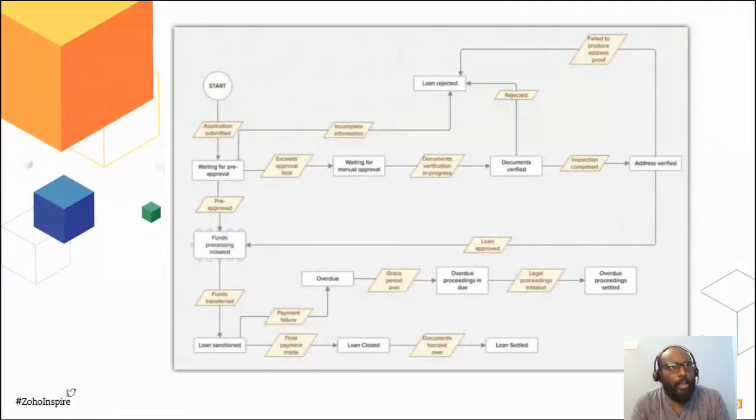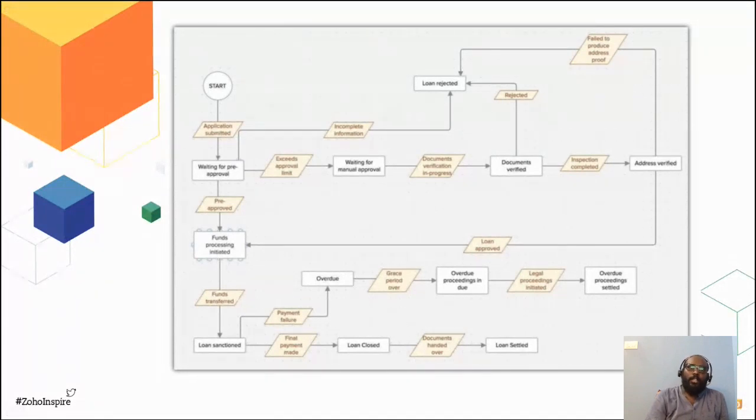Once it has been approved manually by a particular person, all these transitions and states, when they are reaching these points, we can have a certain set of actions executed. These two states can be in one module, and these two states can be happening in another module, right?